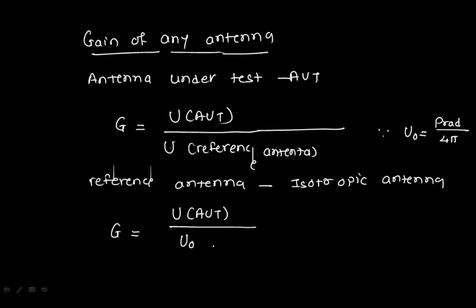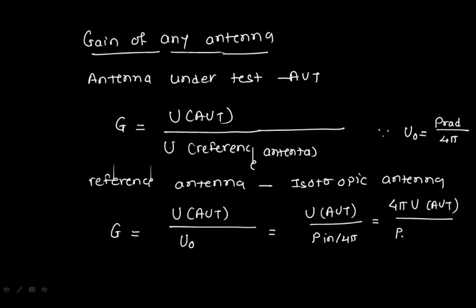If you put all these values over here, I can write U AUT over P in divided by 4 pi. Replace the radiated power with the input power. So I can write here 4 pi U under test divided by P in. P radiated will be equal to P in when your antenna is lossless. So I can say this antenna is a lossless antenna because there are no losses.